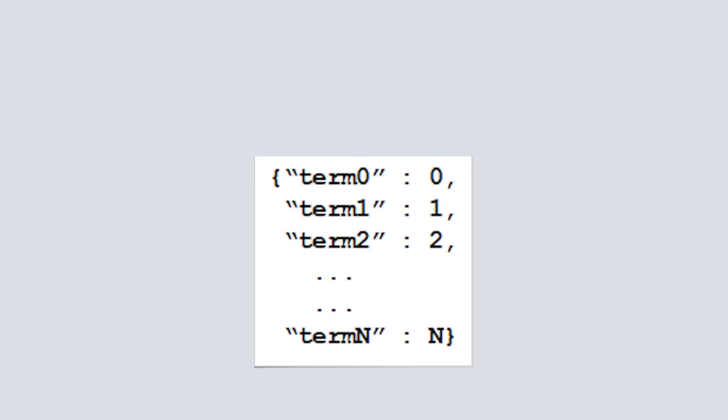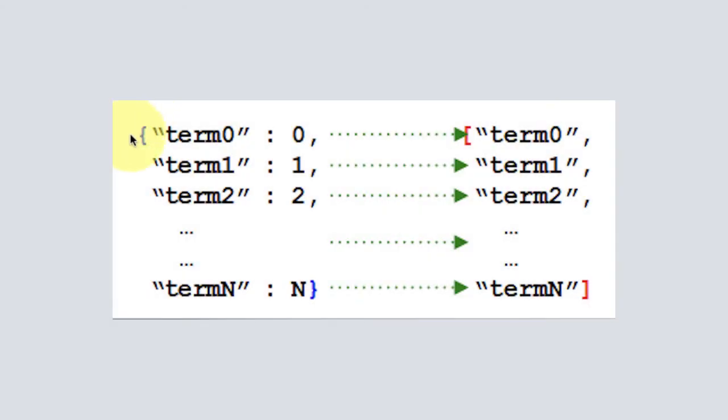Turns out there is a simple way to solve that problem. Here is the vocabulary dictionary again. Because the terms represented by the dictionary are unique, the index values are actually unique, so the index value of each term or feature is unique.